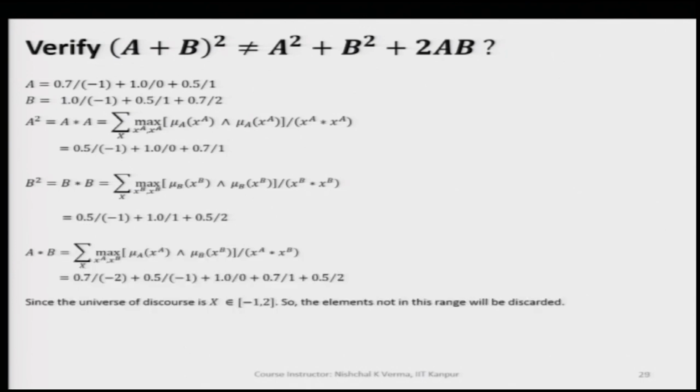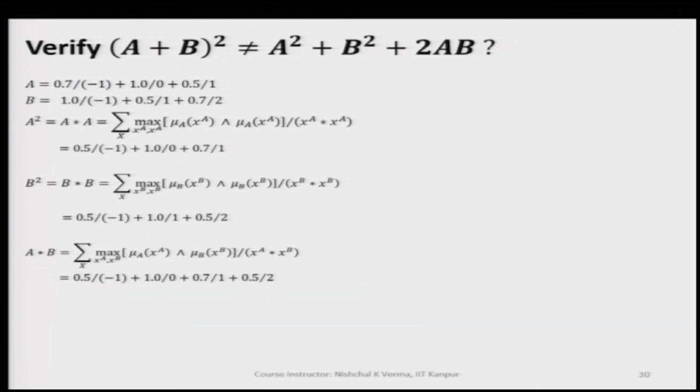Now, let us go ahead and find the AB. AB is nothing but the fuzzy number A multiplied by fuzzy number B. So, when we do that here, we find the resulting fuzzy set as this, and again we apply the criteria of the universe of discourse, that all the generic variable values must be lying within the universe of discourse.